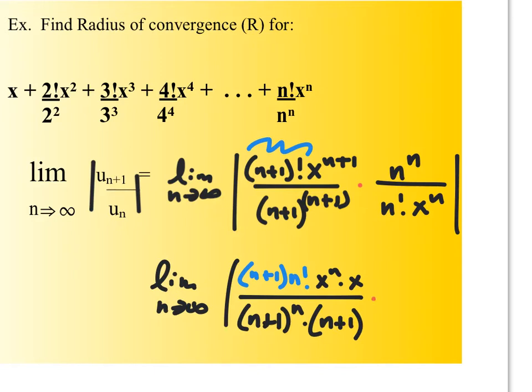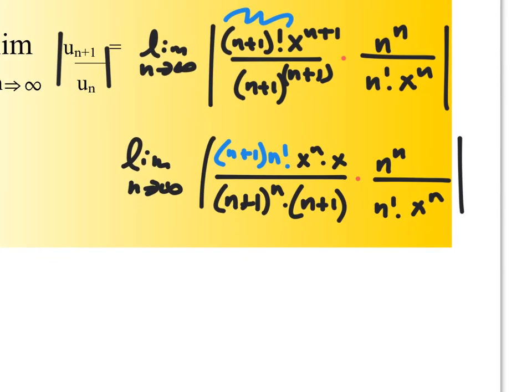Now over on the other side, I don't have to reduce anything. At least I don't think I will. No, I won't. So I get n to the nth over n factorial x to the nth. And we're going to get some cancellation. So this blue piece here, the n plus 1 will cancel with this n plus 1. I'll get x to the n to cancel with x to the n.